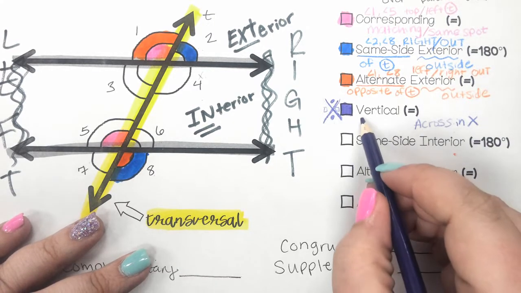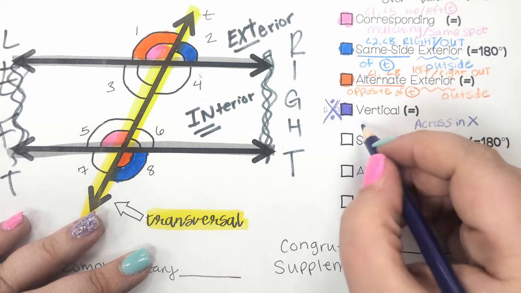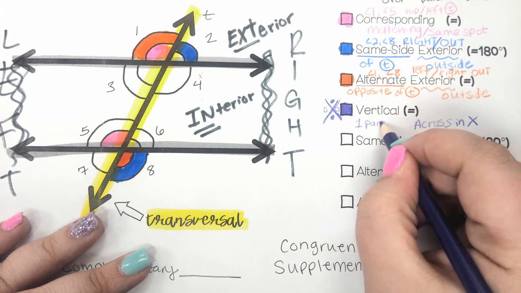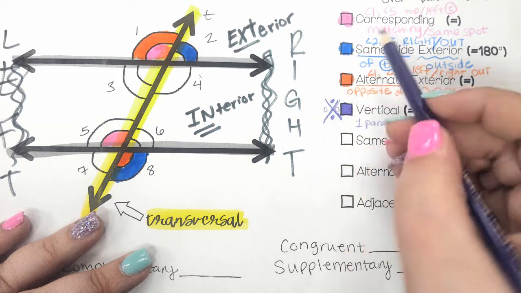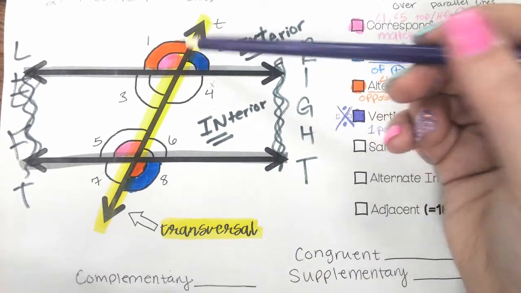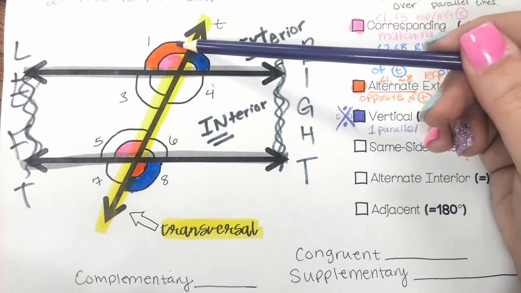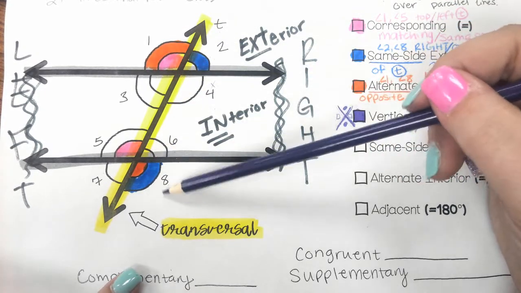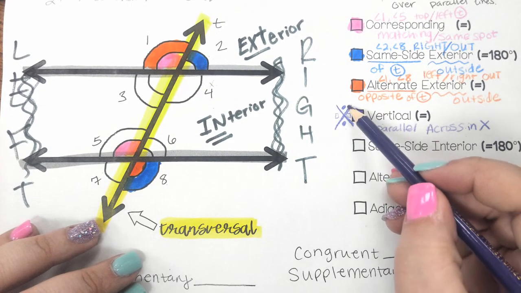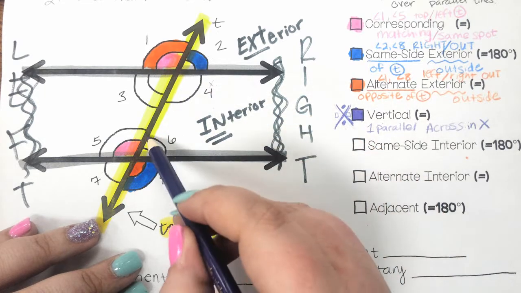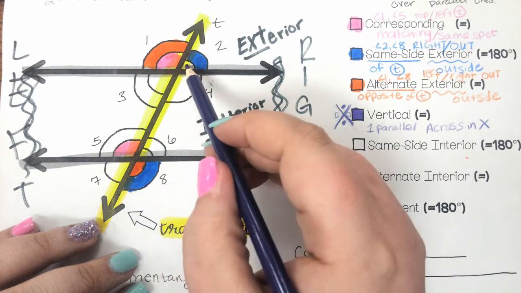It's important that you realize vertical angles only use one parallel line. Up until now, we've been finding pairs of angles where one angle came from the top parallel line and one came from the bottom. Because these have to create the X pattern, that's only coming from one parallel line with the transversal.